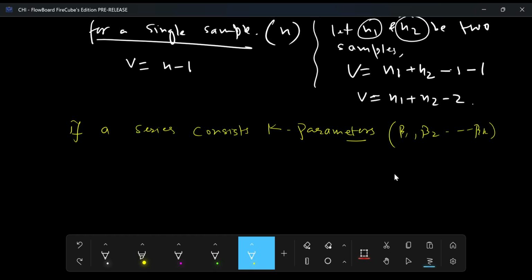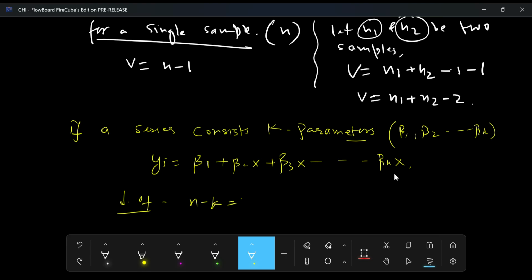Let's suppose we have the linear regression model, that is yi is equal to beta 1 plus beta 2 x plus beta 3 x up to beta k x. Then what will be the degrees of freedom for this linear model? The degrees of freedom will be n minus k is equal to V. So n minus k is my degrees of freedom for this series when we have k parameters.